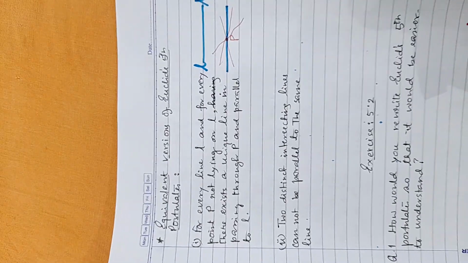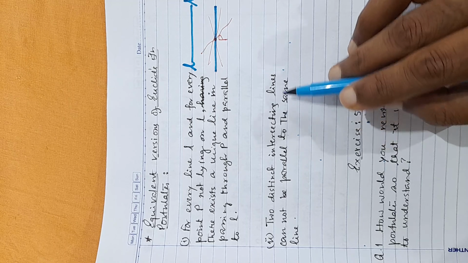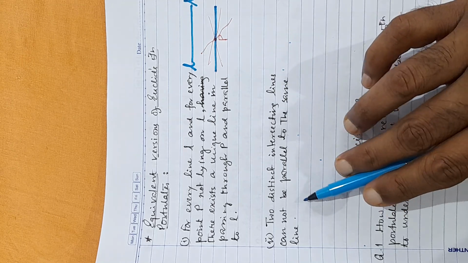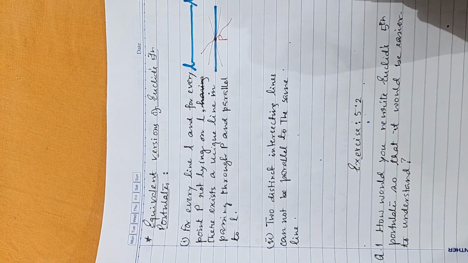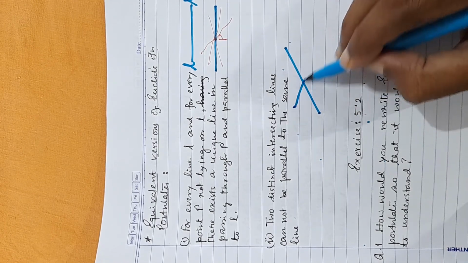Second equivalent version: two distinct intersecting lines cannot be parallel to the same line. These are two distinct intersecting lines.